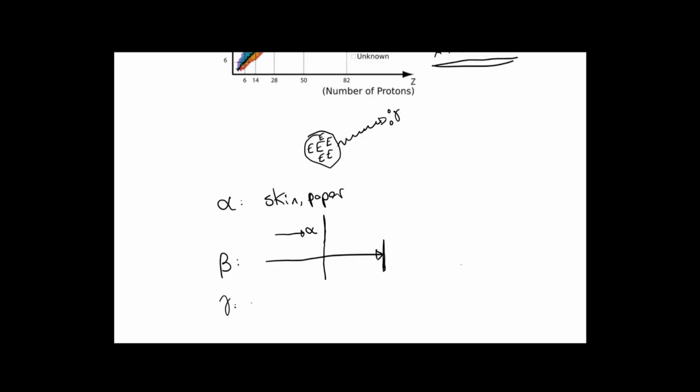Gamma radiation is going to be more penetrating. It's going to go straight through that paper, through that skin, through that metal. If we want to stop it, we're going to have quite a bit of either lead or concrete. And even then, it's not going to be totally effective. It's going to go through those.